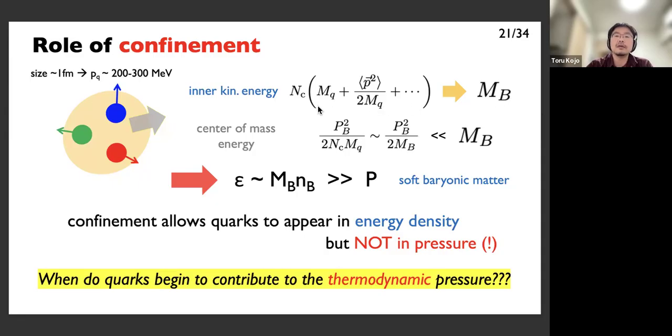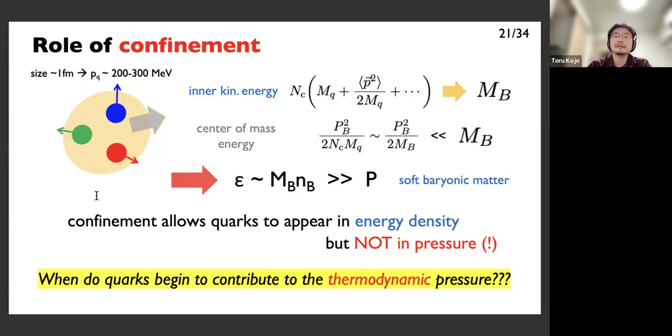On the other hand, center of mass energy is suppressed by the inverse power of the baryon mass, and that is of course much smaller than the baryon mass. So therefore, center of mass energy is small. Therefore, energy density is dominated by the mass energy, which is much bigger than the pressure made of collective motion of baryons.